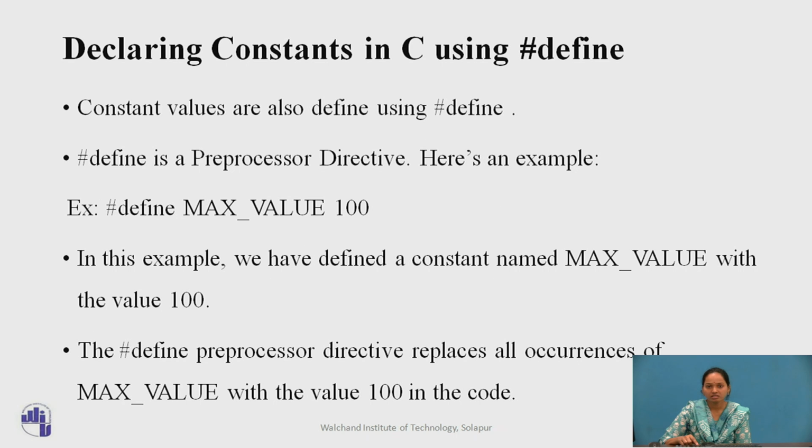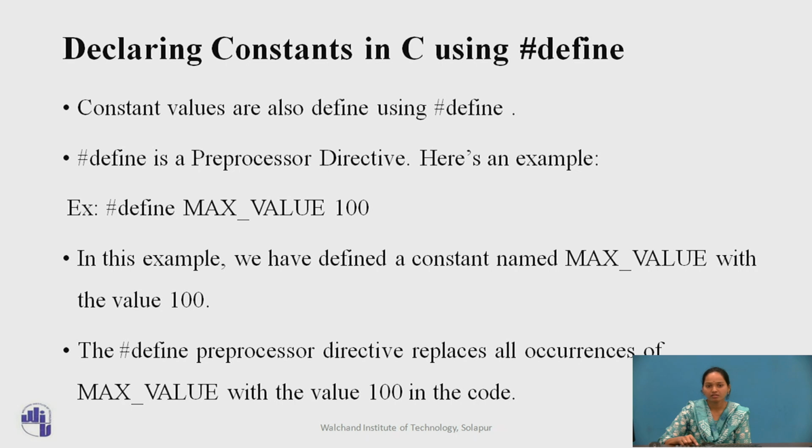Declaring constant in C using hash define. Constant values are also defined using hash define. Hash define is a preprocessor directive. Here is an example: #define MAX_VALUE 100. We can also define the value of a constant variable using #define MAX_VALUE 100.